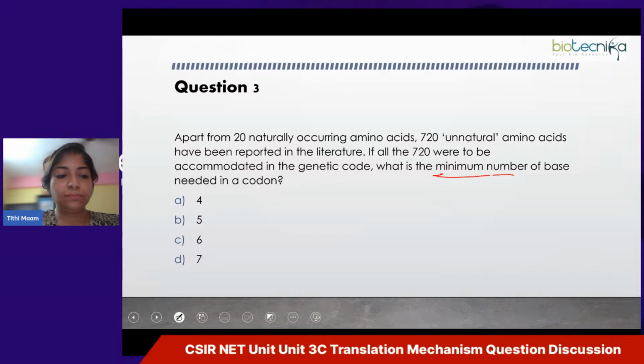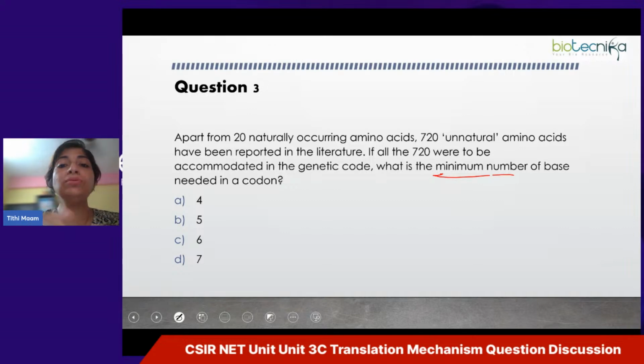Okay, so to answer this question, we have to understand how it was found out that codons comprise three nucleotides. We always say, what is a codon? A codon is a triplet of nucleotides. So if a codon comprises three nucleotides, how did the researchers come to that conclusion? What did they see?